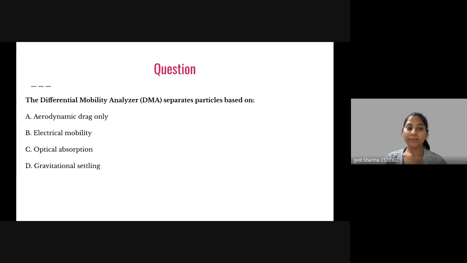What is the principle of the differential mobility analyzer, and how can we segregate particles with it? Different size particles, or different mass particles, will move in a different way in the influence of an electrical field. So this is based on electrical mobility.